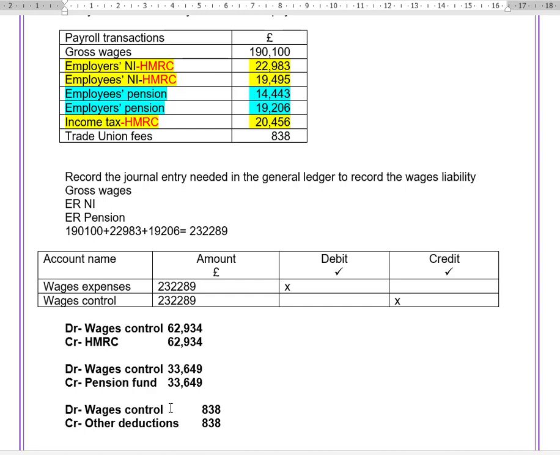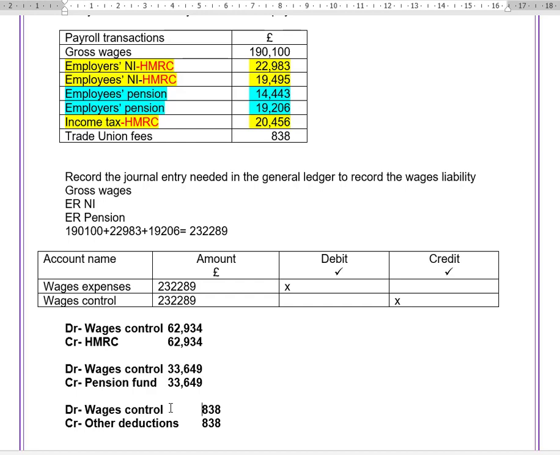What is the liability to the other deductions or the companies that you need to pay? That will be trade unions, subscription fees, childcare fees, any of the deductions that are deducted will be classified together as other deductions, and this establishes the liability.